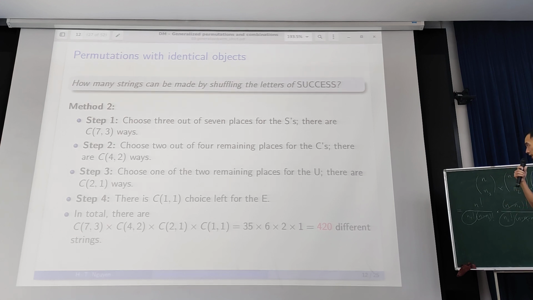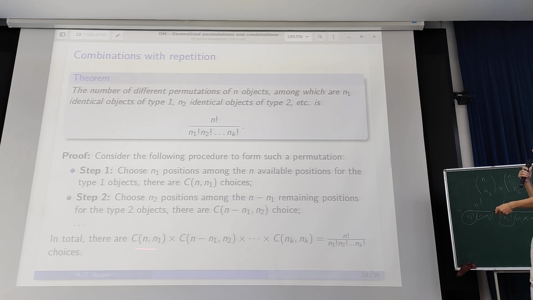In fact, the two formulas are equivalent. And for convenience, once you already have this formula, maybe it is more computationally convenient to use this formula, because these factors here are smaller.